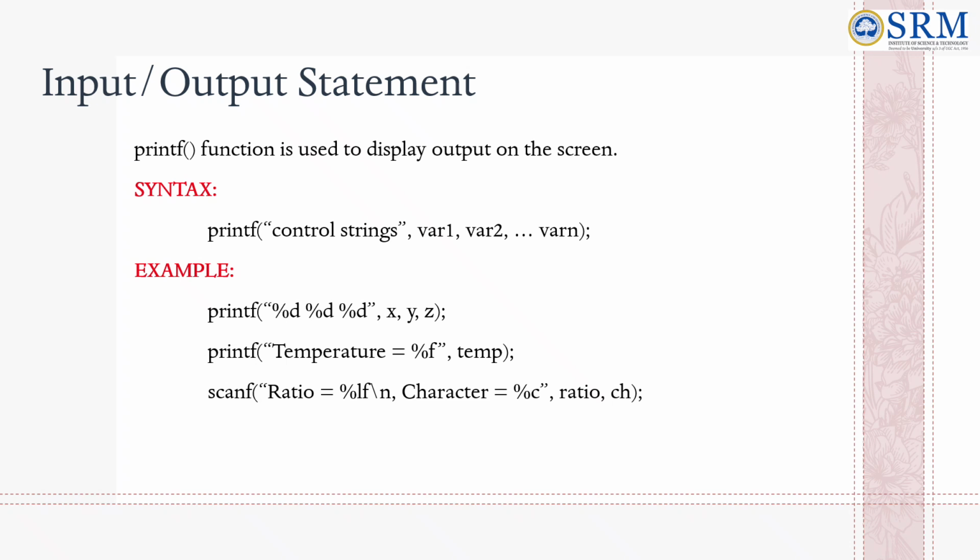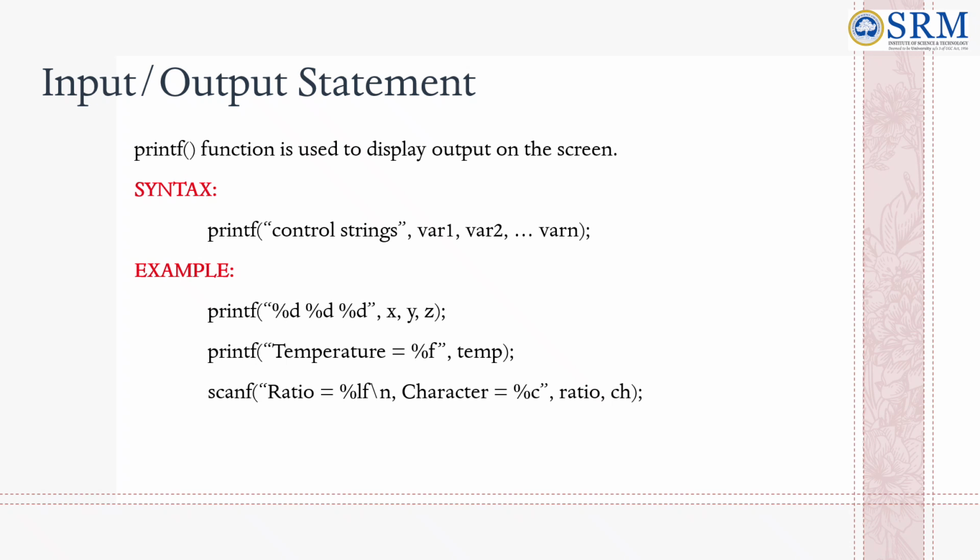The only difference is the name of the function is printf, and within the parenthesis we have control string followed by all the variable names. In the scanf function, you would have noticed the ampersand symbol before all the variables, but here in printf we don't use the ampersand operator before the variables, just the variable names are enough.